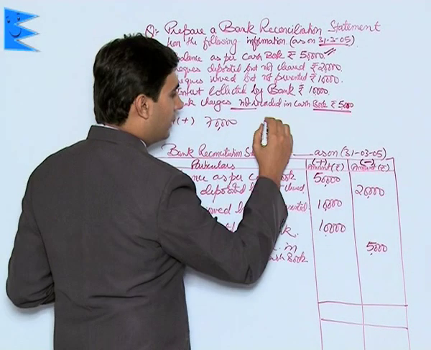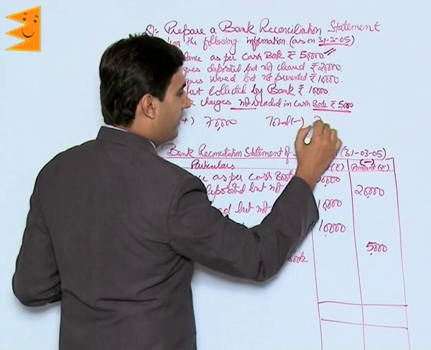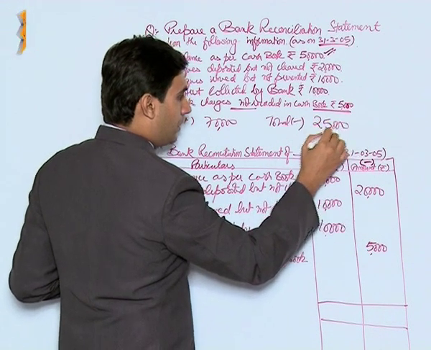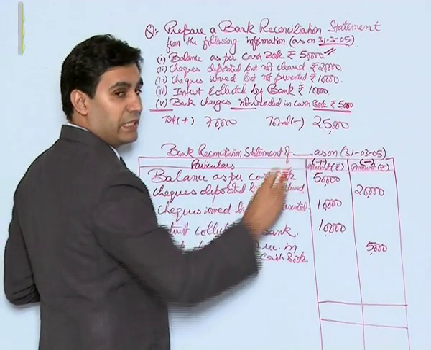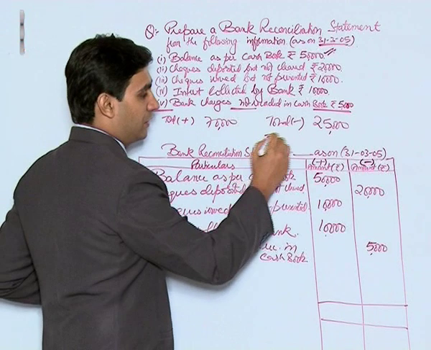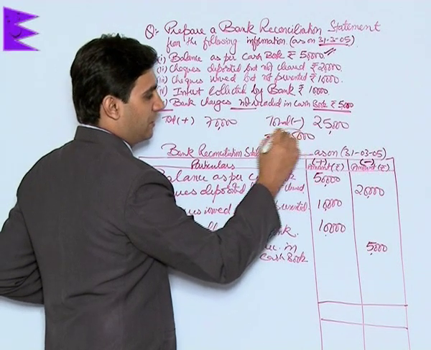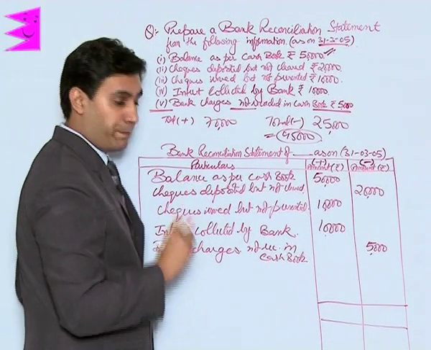And the total on the negative side is 20 plus 5, 25,000. Now students, 70,000 positive minus the negative side column, 25,000, gives us a balance of 45,000. The difference is 45,000. So this 45,000 is the balance as per passbook.